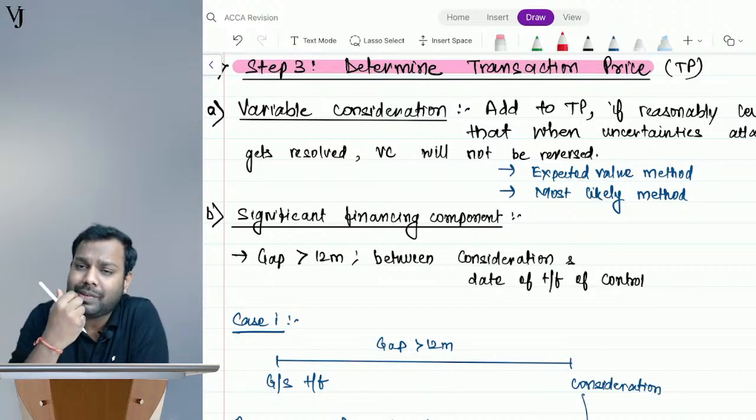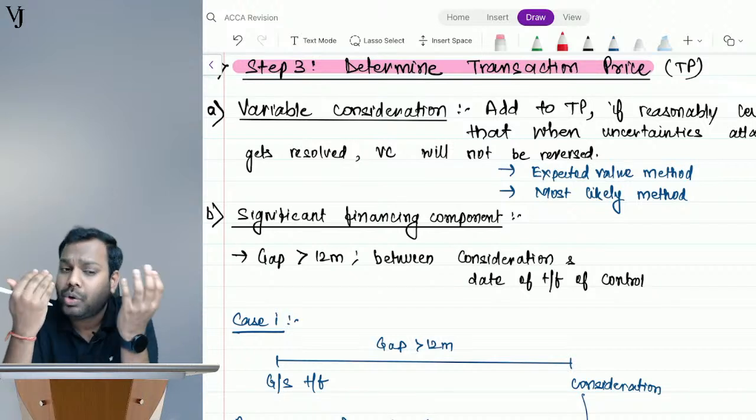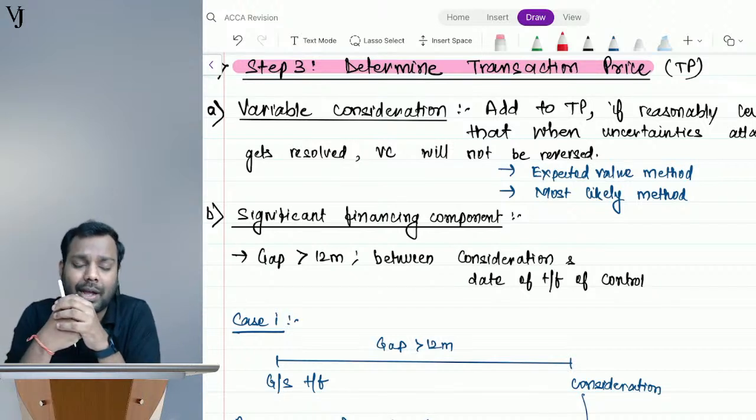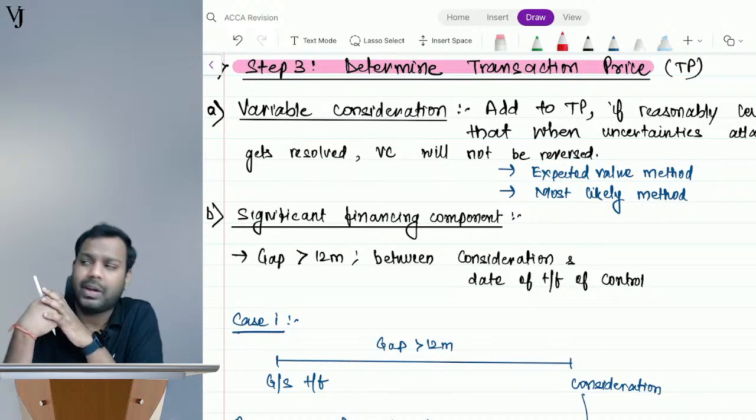Now, due to this contingency, there might be certain uncertainties attached in the future. The question that comes up is whether I can recognize this variable consideration as a revenue or not.